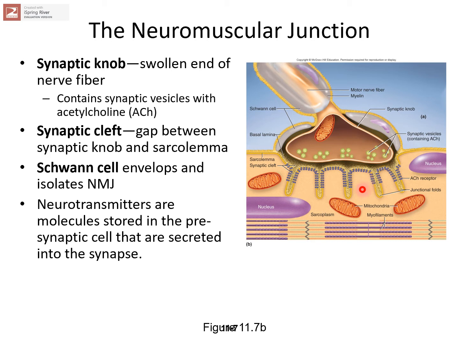Now, how does the message get transmitted from the nerve to the muscle? This is where neurotransmitters come in. Neurotransmitters are simply the chemicals that help in transmitting the signal from the nerve to another cell. In this case, it is the muscle. The neurotransmitters are stored in the presynaptic cell.